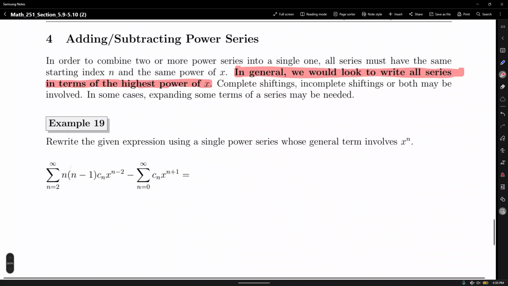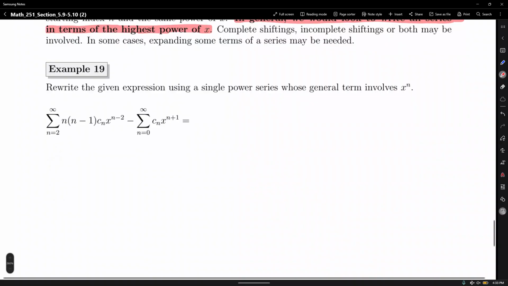All right, guys, example number 19. Rewrite the given expression using one single power series whose general term involves x to the n. Okay, ignore the x to the n for now. We can do that shifting at the very end. Now, have a look at these two series. What's the highest power of x that you see? 2n plus 1, right? Okay.